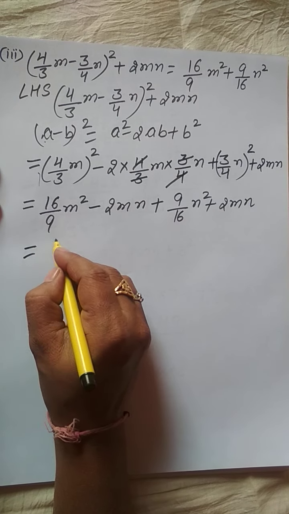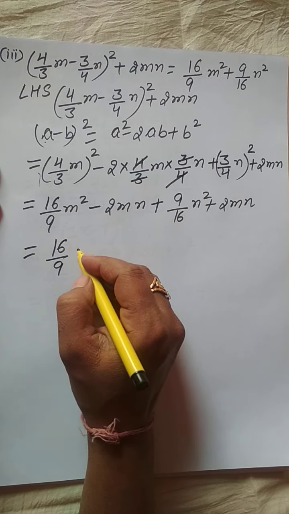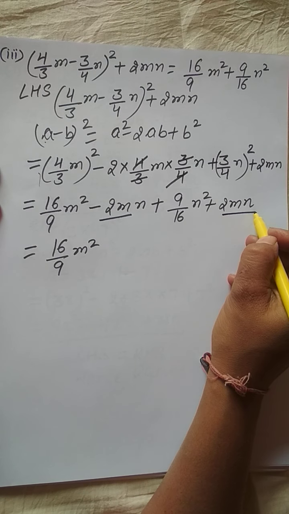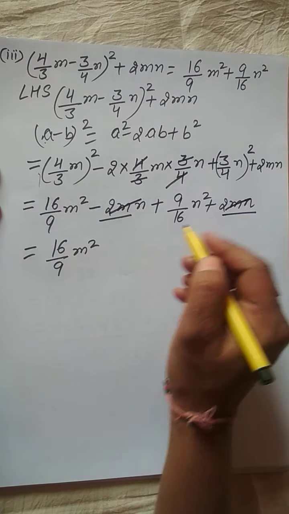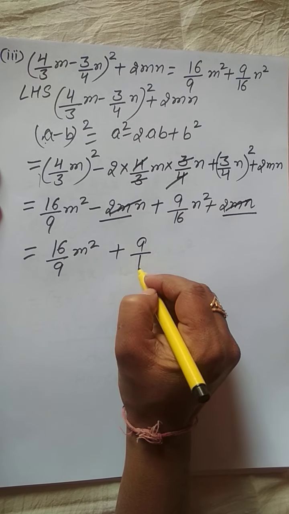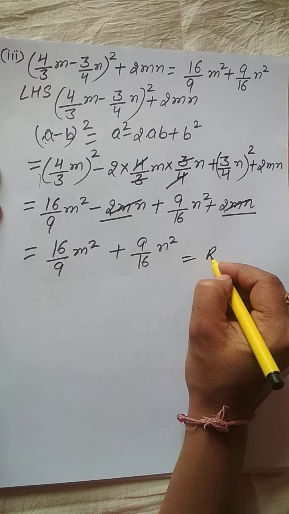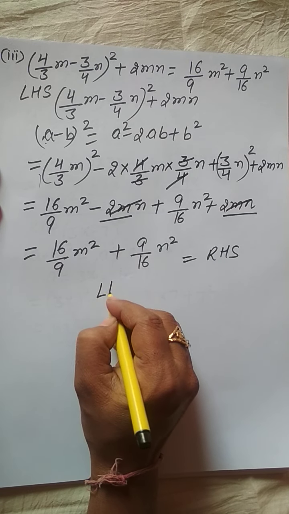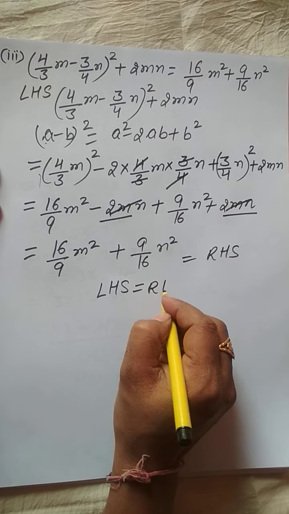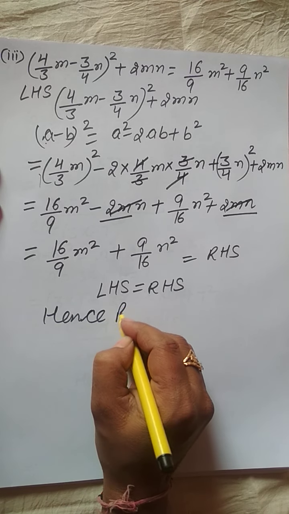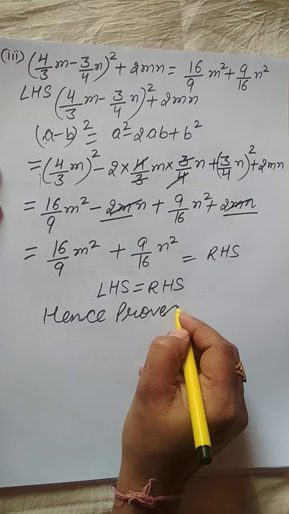Now 16/9 m² − 2mn + 2mn cancel each other, plus 9/16 n². This is equal to right hand side. So left hand side is equal to right hand side, hence proved.